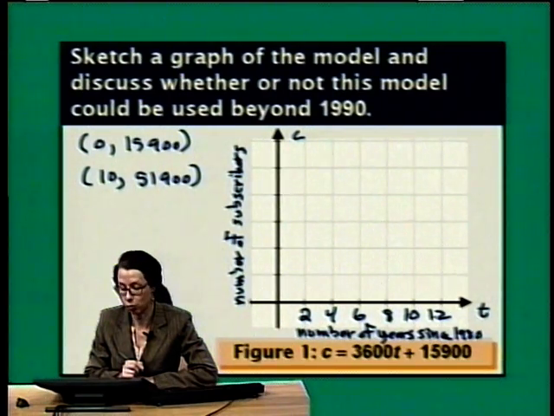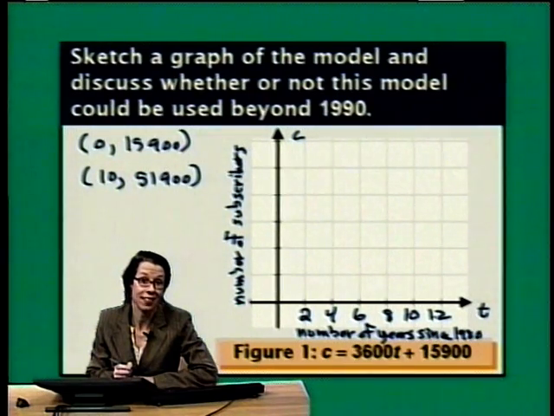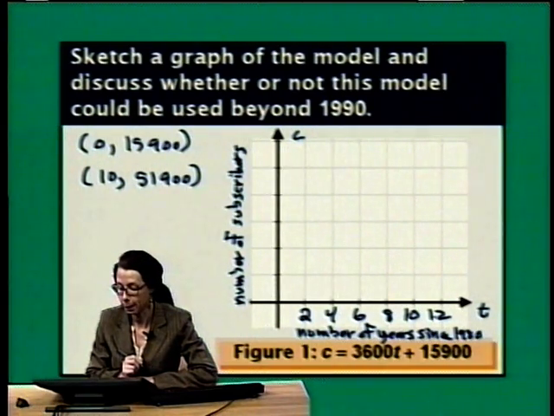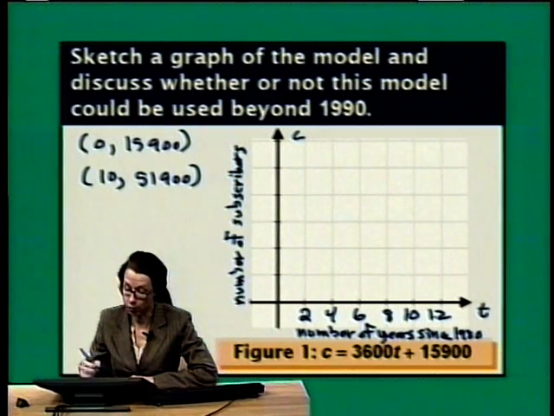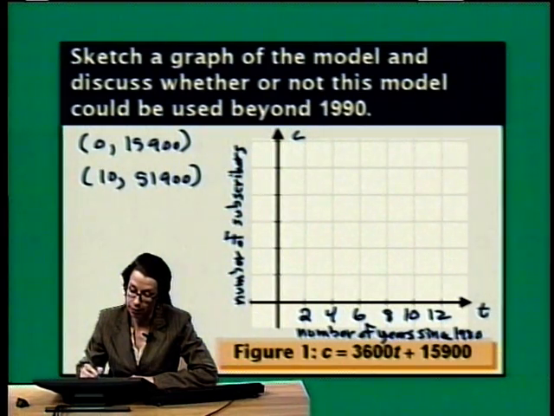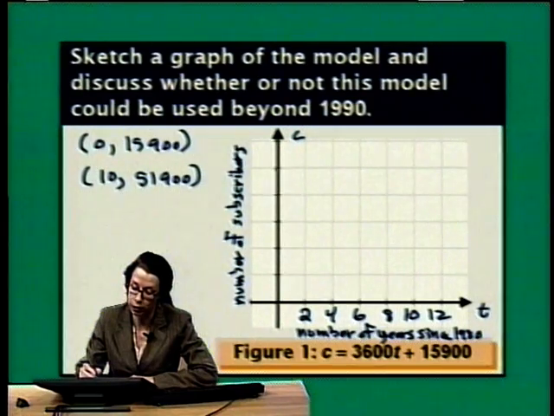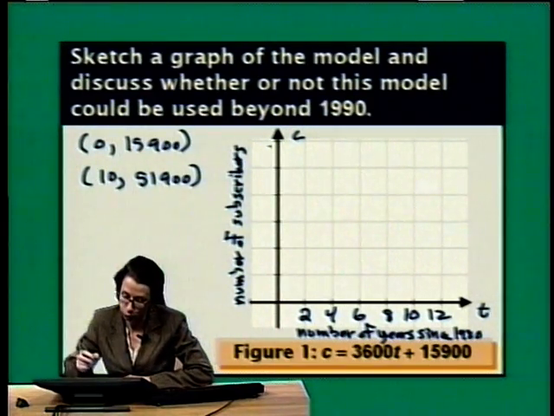Number of cable subscribers. Well, here I have almost 16,000 and 51 or 52,000 that I need to get onto my axes. So I'm going to use a scale, I think, of 10,000 so I could get up to 60,000. 10,000, 20,000, 30, 40, 50, 60, which should work.